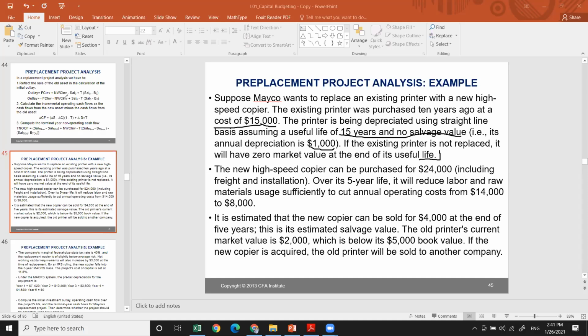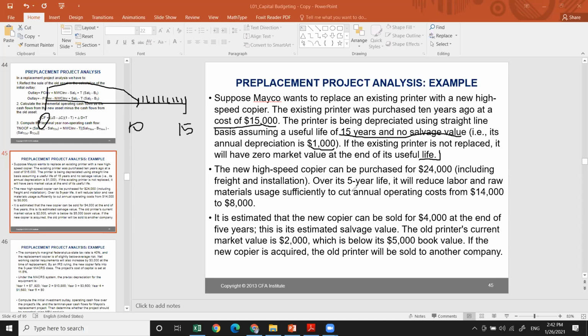So this is the timeline. This is year 0 and 15 years. When the 10 years have passed, you decided for the remaining 5 years to replace that old equipment with a new one.